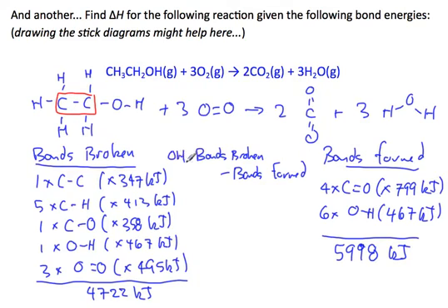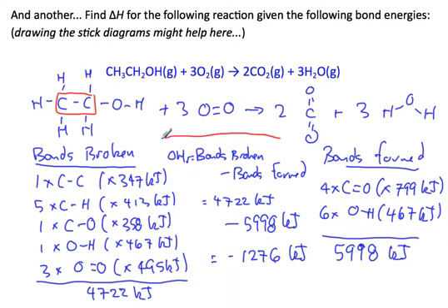So that's delta H of reaction. 4,722 kilojoules minus 5,998 kilojoules, and that equals minus 1,276 kilojoules. So again, there's the application of Hess's law, that equation, bonds broken minus bonds formed.